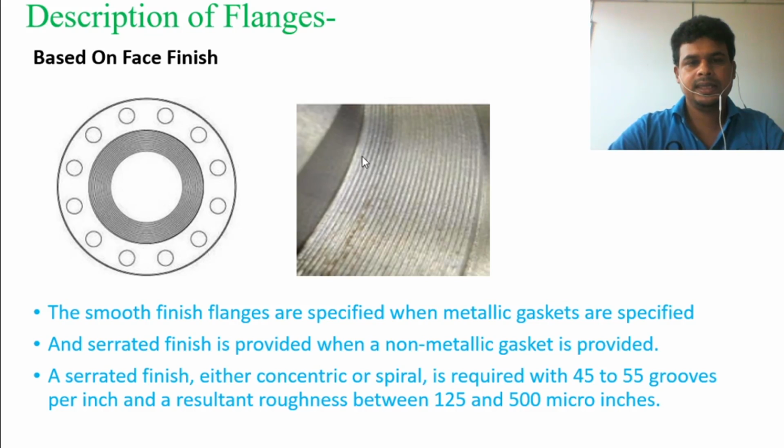In this serration, if you count 1, 2, 3, 4 like that, if the length is 1 inch, there should be 45 to 55 grooves, with resulting roughness between 125 to 500 micro inches. This roughness I will also share in my next lecture on serrated flanges, their acceptance criteria and repair procedure as well.